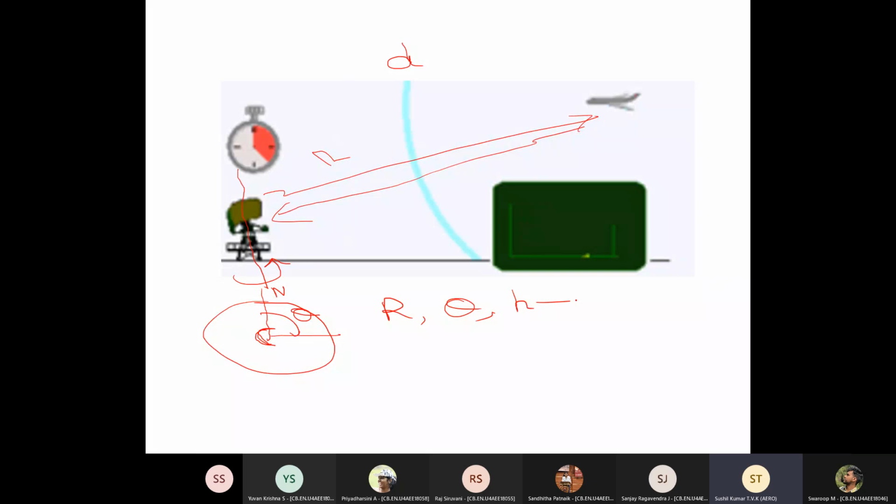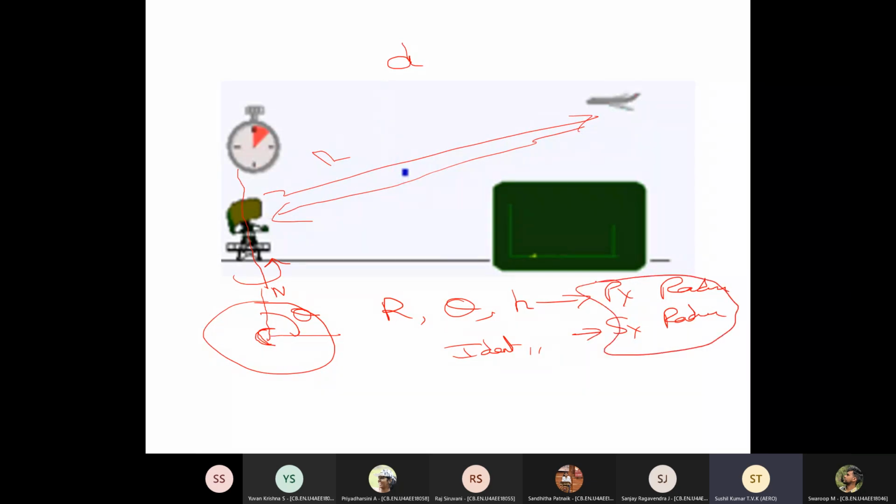That was the primary radar. And secondary radars, in addition to all these things, used to give even the identity of the aircraft and some emergency codes and all those things. That was the secondary radar. So 2 types of radar, primary and secondary radars. Both we'll see in detail.